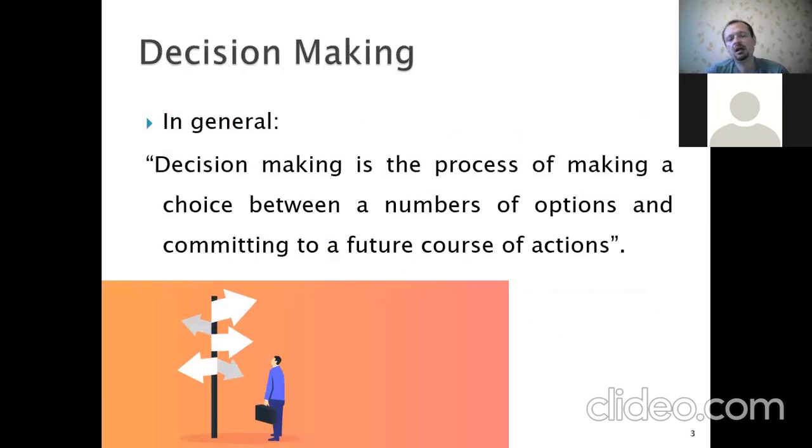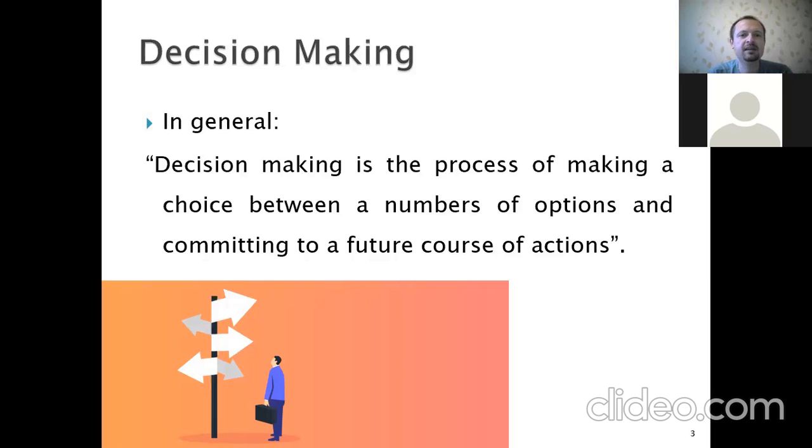Generally, speaking about the formal definition of decision making, you can see this definition on our screen. This definition was taken from our Bible book, Fundamentals of Management.